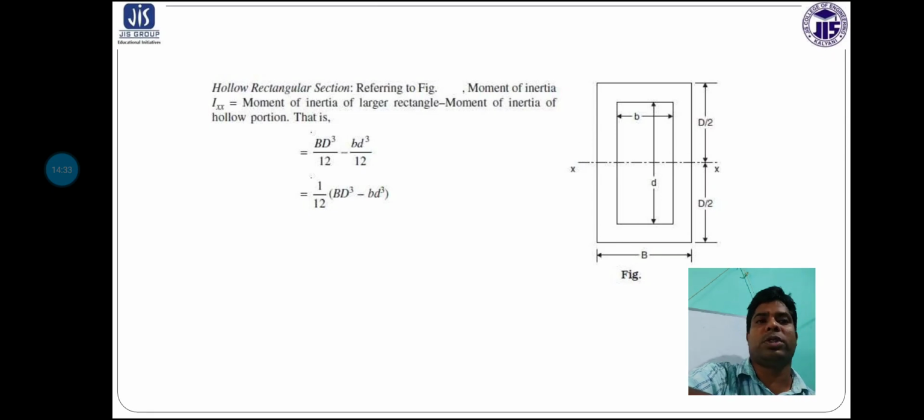If the outside breadth is B and depth is D, and the inside breadth and depth are b and d, we can write B D cube by 12 minus b d cube by 12. So for the hollow rectangular section, Ixx is equal to 1 by 12 times B D cube minus b d cube.